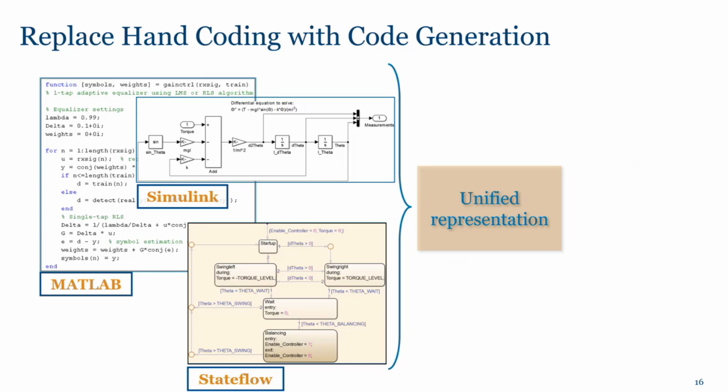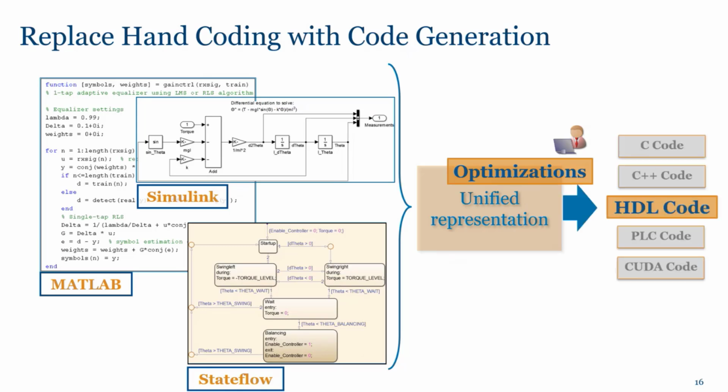You have a unified representation, add a layer of optimization that is provided with the coder tool in order to generate code. So of course we can generate C code, C++, PLC, and CUDA, but today we are focusing on HDL code, right? So that's the idea behind HDL Coder.